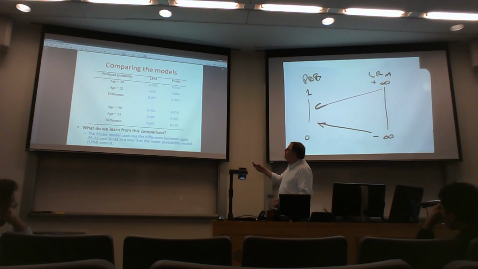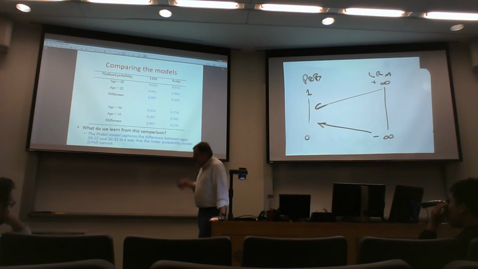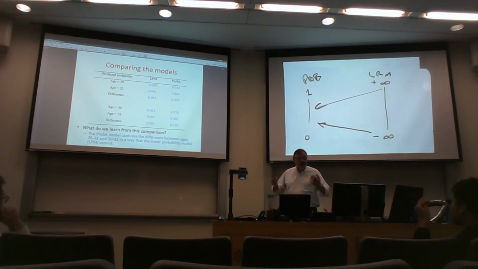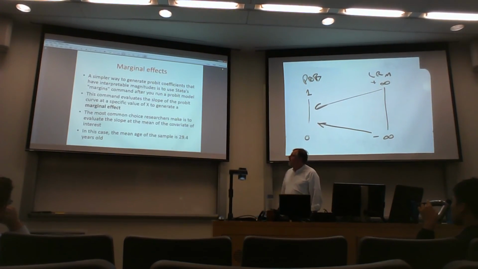As we see here, if you're dealing with this age range, it makes a big difference. This age range makes a smaller difference. It's a convention. Frequently people will just quote the effect at the mean of those values. But that doesn't help you if you're not examining the mean of those values.